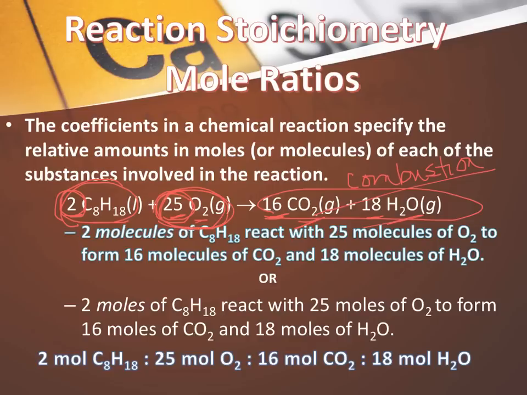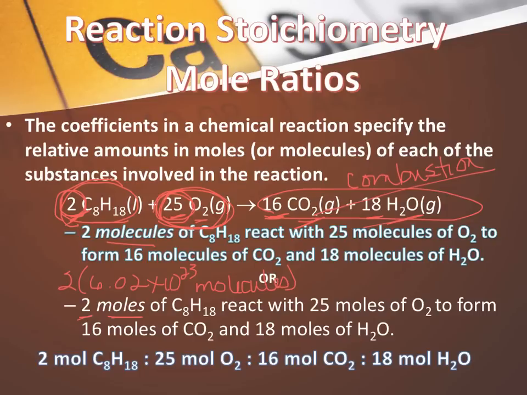You could also read this balanced equation as moles instead of molecules. If you're saying 2 moles, basically you're saying 2 times 6.02 times 10 to the 23rd molecules. Basically these stand for anything you can count.